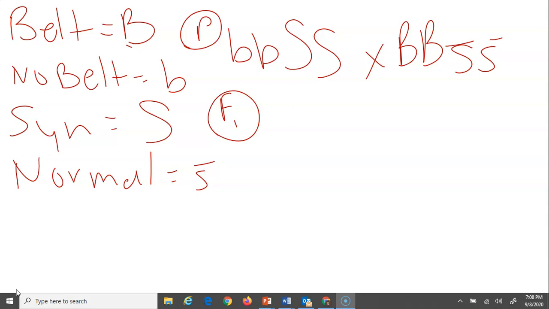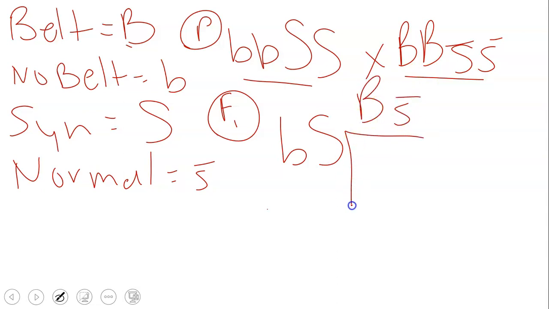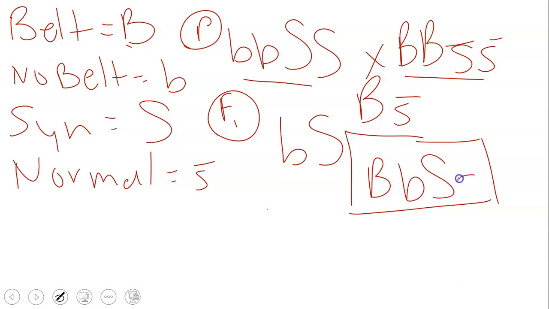Parent number one can only produce gametes little b, big S. Parent number two can only produce gametes big B, little s. So inside my box, all of the offspring are going to be big B, big S, little s. So there's the first part of that question.